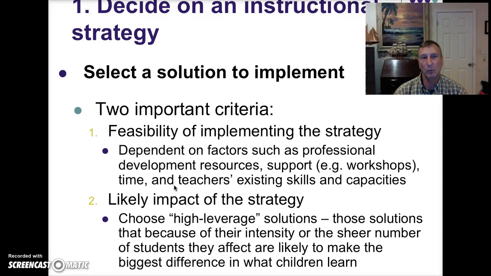What, in our case, do we see as opportunities for change, and how likely would those changes be effective?